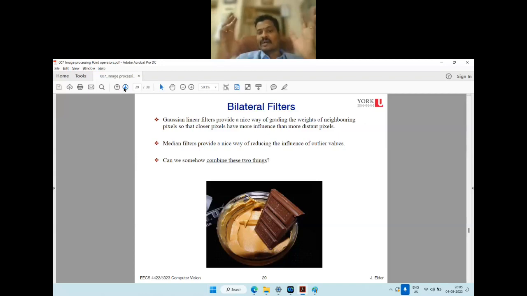So can we combine these two positive effects of Gaussian and median? Then we call it a bilateral filter. A bilateral filter is the combination of the Gaussian linear filter and the median filter. That is why it is called bilateral. This combines the benefits from the linear filter and also from the median filter.